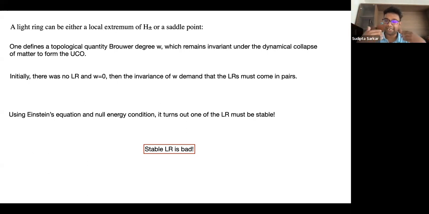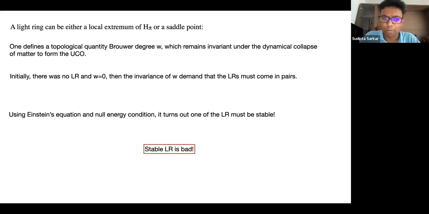They show that if there is one light ring that adds one value, there has to be another light ring to keep it invariant. So basically the total turns out to be 0. If one light ring adds a topological charge of +1, then another light ring must be there to give a topological charge of -1, so that there is no violation of this topological invariance.